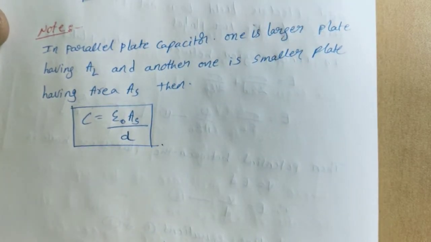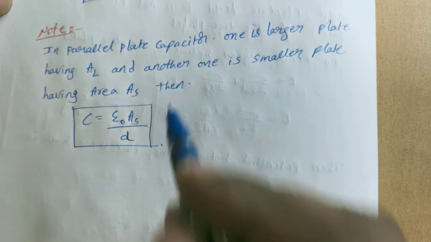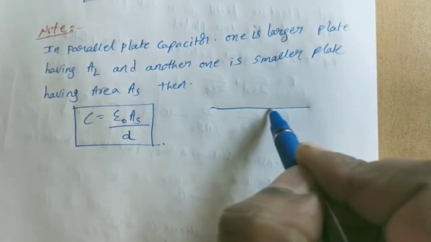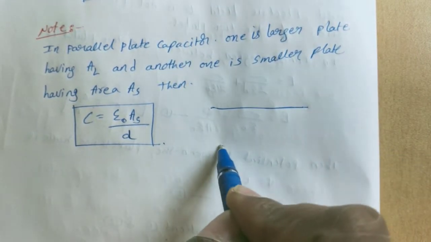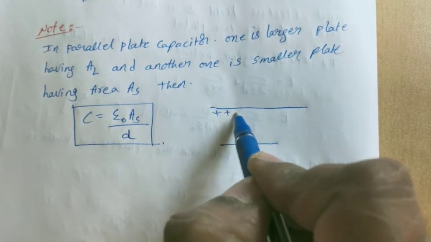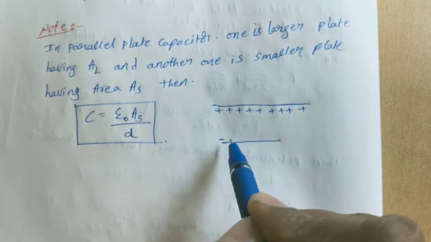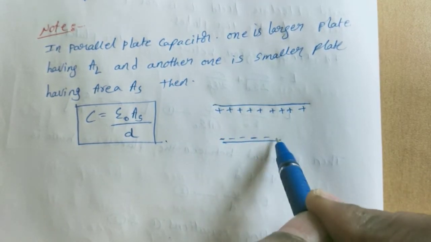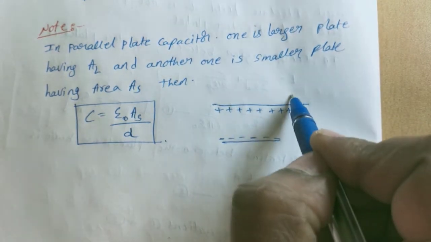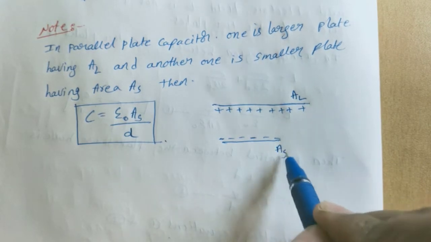Till now we discussed parallel plates where both plates have the same area A. For example, now I am mentioning this: one plate is present and this is another plate. Here both plates do not have the same area; one has a large area and the other has a small area. For example, this plate has area AL and this plate has area AS.